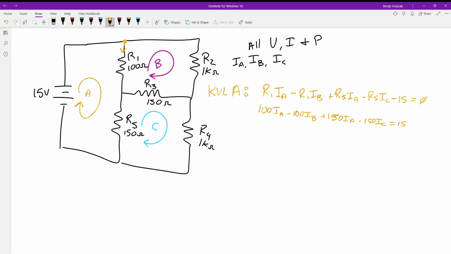We combine them together, so we have 2 IAs: 250 IA minus 100 IB minus 150 IC equals 15. There's our first equation.